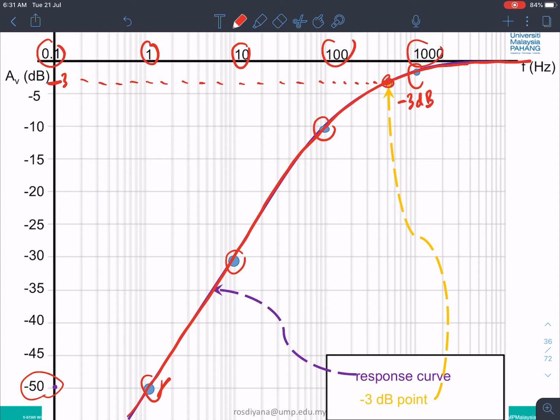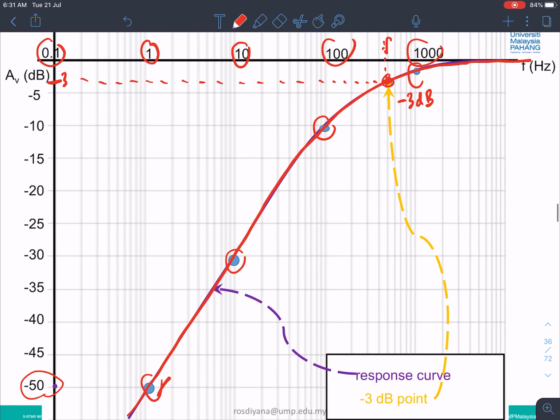This is because the low cut-off frequency happens here. It means that your cut-off frequency is at this point. During this time, the gain is not 0 but negative 3 dB. There is some loss here.